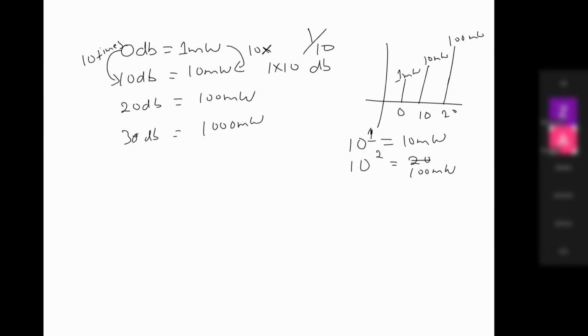For 20 dB, you need to multiply 2 into 10, and then you will get 20 dB here. So why are you getting 20 dB like this? Because deci means what? 1/10.